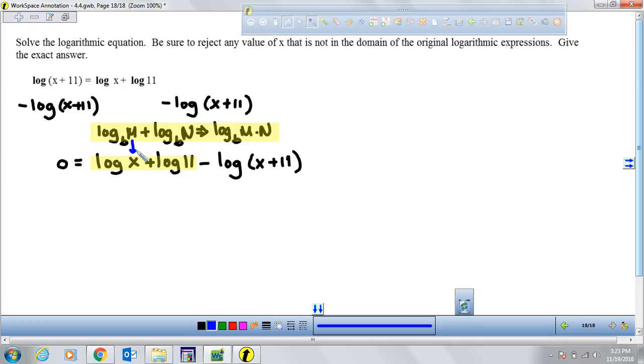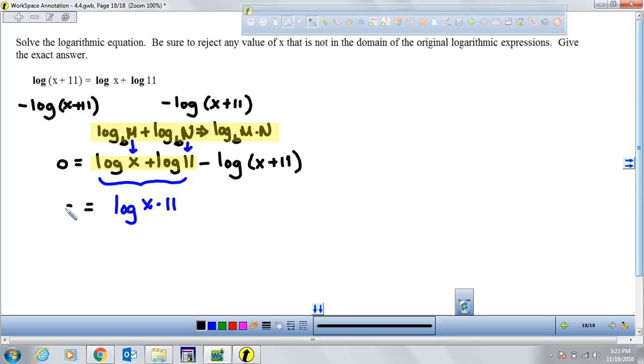The thing that we need to see here is that the m is my x and my n is my 11. So if I want to condense them, log base b of m, which is x, plus log base b of n, which is 11, equals log base b, which in this case is log base 10, we don't have to put the base 10, of m, which is x, times n, which is 11.